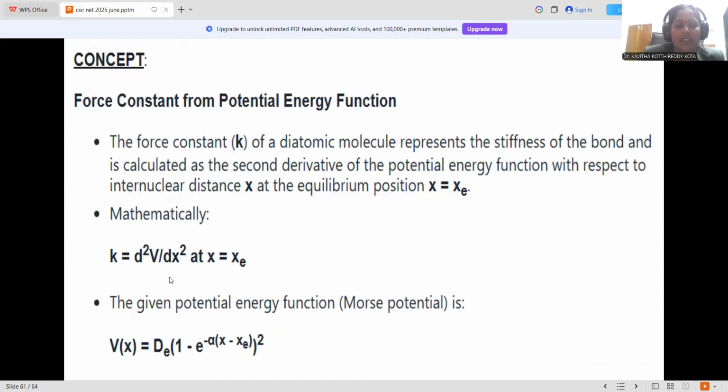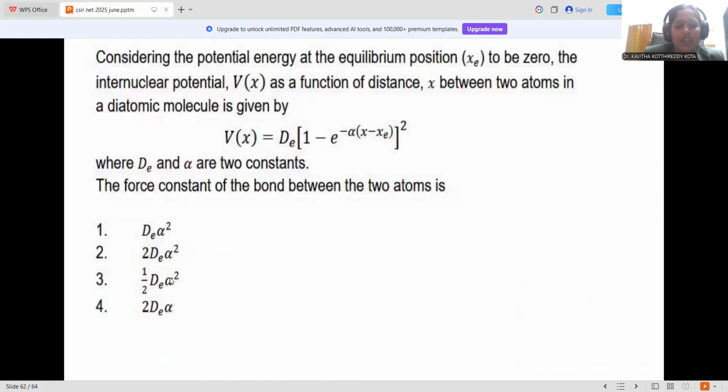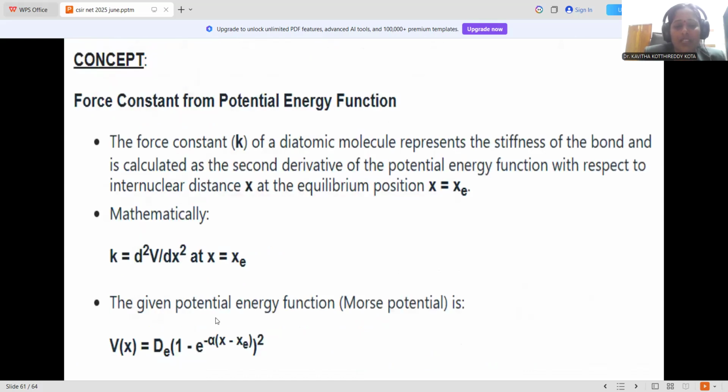So this is calculated by taking the Morse potential equation and considering its second derivative, where at equilibrium y becomes 0, so that e^(-αy) becomes 1. If you simplify the second derivative, it becomes 2Deα². That is the force constant value provided in option number 2. For question number 53, option number 2 will be the right answer.